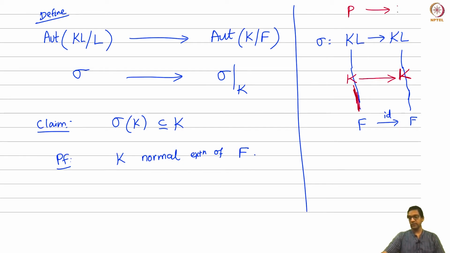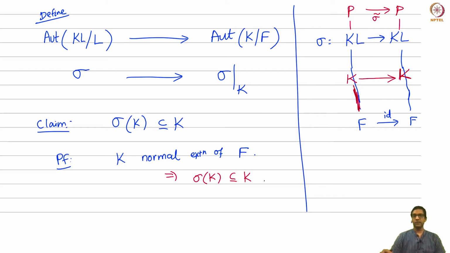Recall by the theorem on algebraic closures, if P is an algebraic closure of KL, any map sigma from KL to KL can always be extended to some map sigma tilde from P to P. We have used these arguments before. So the restriction of sigma tilde to K will map K to itself. Therefore sigma maps K to K by the property of normal extensions. Good, so that allows us to define a map, and it's easy to see that this map is a group homomorphism, because we have done nothing.